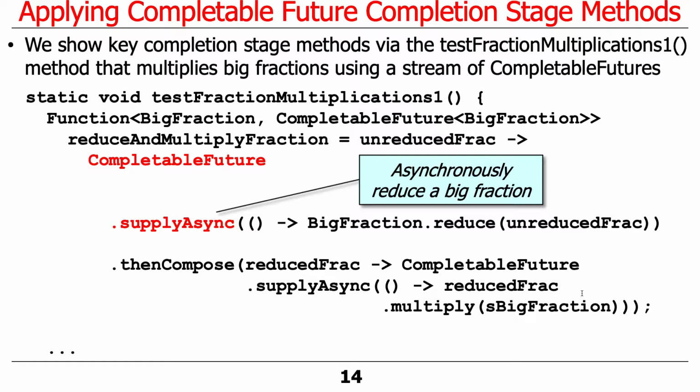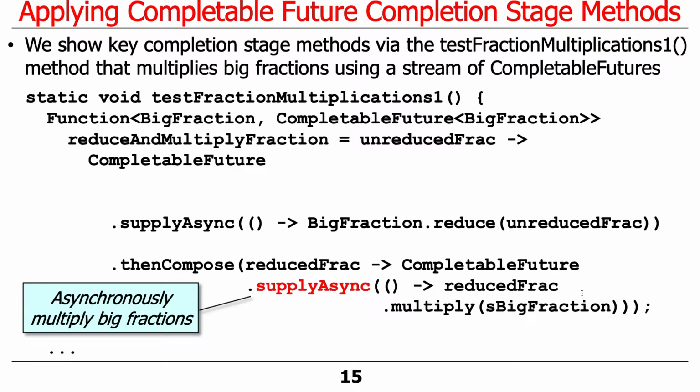So we're using our good friend supplyAsync, which is this factory method that starts the wheels in motion. Remember this when you do your programming assignment, because one of the things you'll do is one of these things. And then we take the results of this, and then we go ahead and asynchronously take the reduced fraction and multiply it by some big fraction constant.